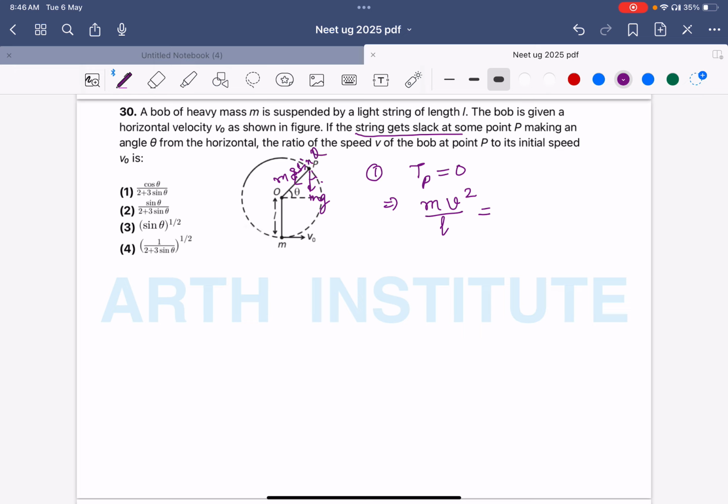So centripetal force is provided by the component of weight along the string. Okay, so this was the crux. Or I can say mv square is equal to mgL sine theta. This is one of the things.